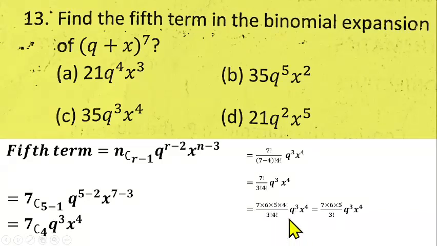Then 4 factorial will cancel the 4 factorial here. So you have 7 times 6 times 5 over 3 factorial. 3 factorial is 6, so 6 will cancel the 6 here. You have 7 times 5, which is 35. So you'll have 35 q raised to power 3 x raised to power 4, which is option C as well. Option C.